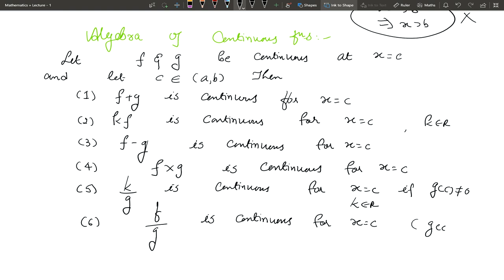Again, denominator should not be 0. So these are the results for algebra of continuous functions.